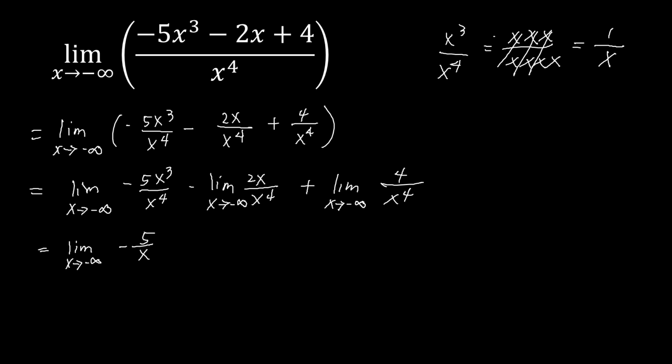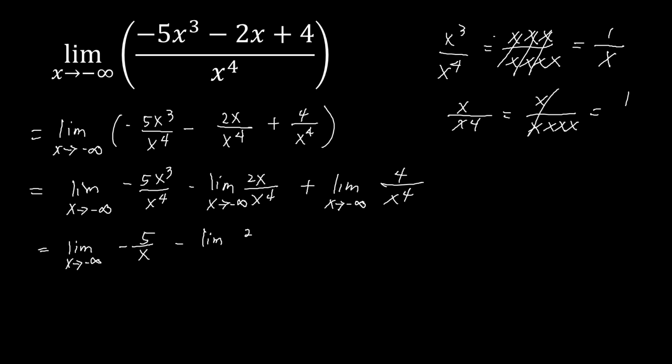And then we have here minus. We are going to simplify this one again. So we have here a 2x. So we just have to copy the 2 there. So limit of 2, and then we've got an x, only one x, and then x to the power 4. This would simply mean that we have an x over x times x times x times x. Cancel that one.